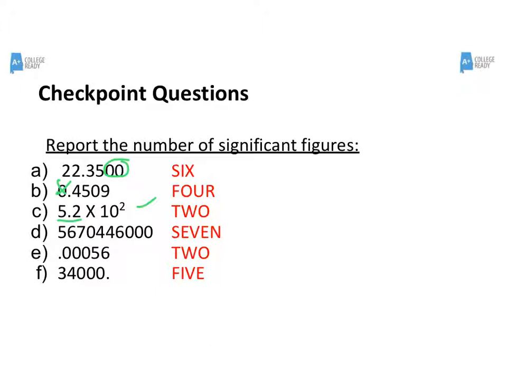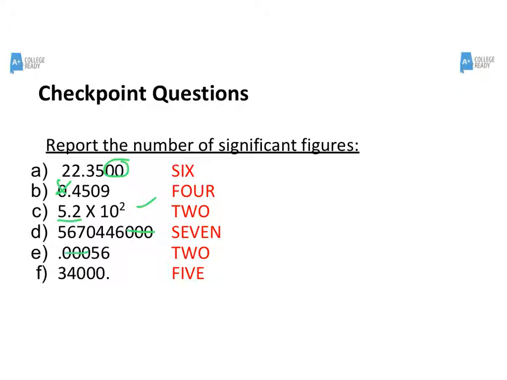This measurement has 7 significant figures. The trailing zeros are not significant. There's no decimal at the end. So 1, 2, 3, 4, 5, 6, 7 digits are significant. This measurement has, past the decimal and to the front of non-zero digits, 3 zeros.